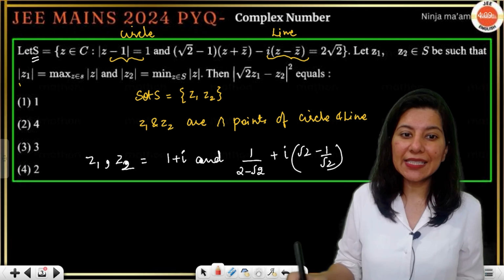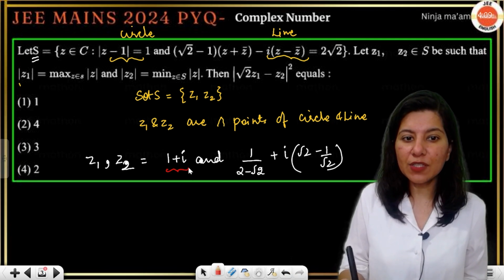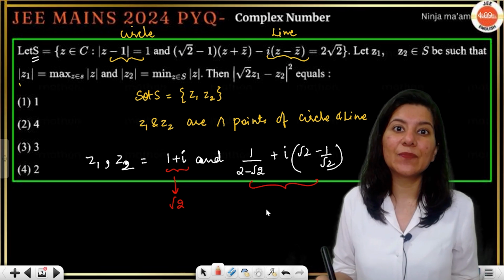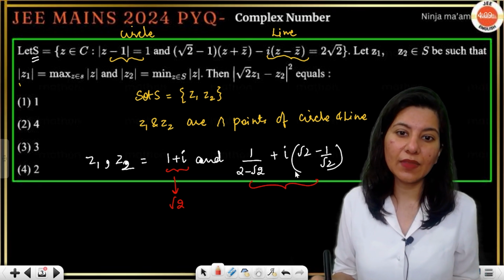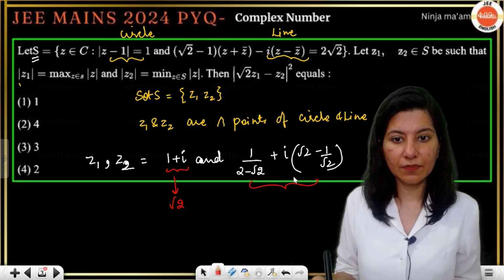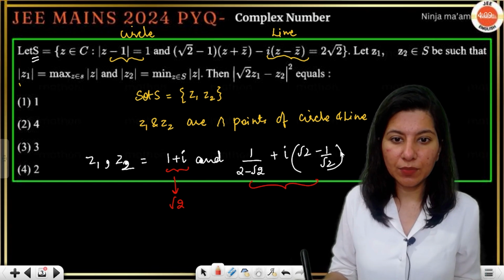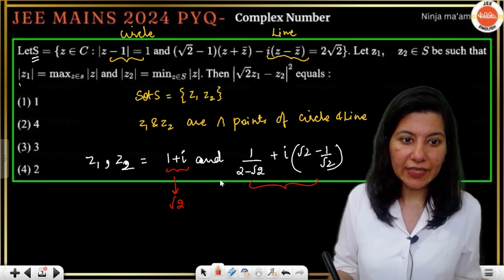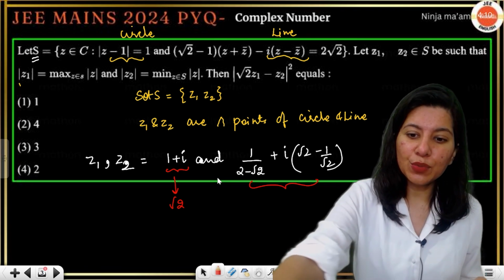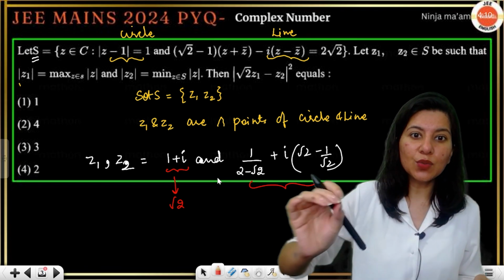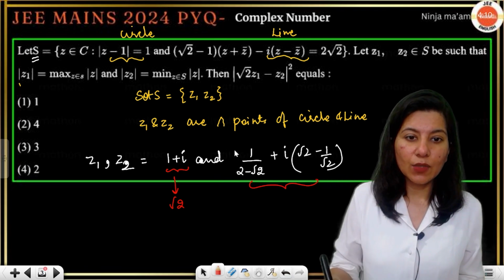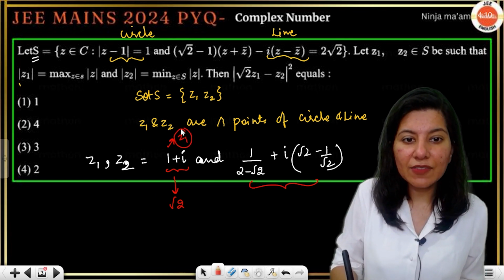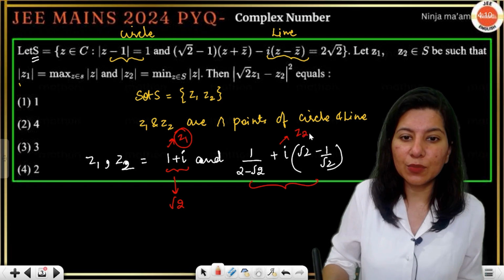Now the modulus of Z1 is root 2. What will the modulus of this be? You have to calculate the modulus, because you need to understand what is Z1. So this will be your Z1, because this modulus will be maximum, and this will be your Z2, correct?